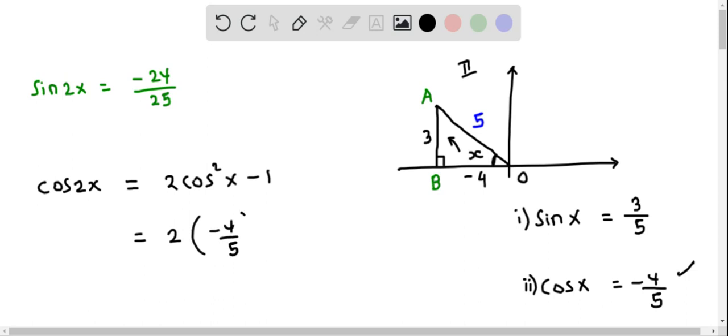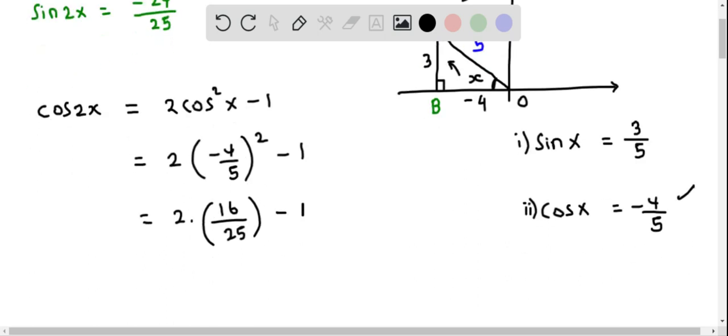So it becomes 2 times (negative 4/5) squared minus 1. Now let's simplify this. (Negative 4) squared is positive 16, and in the denominator 5 squared is 25. So basically we get 2 times 16/25 minus 1.